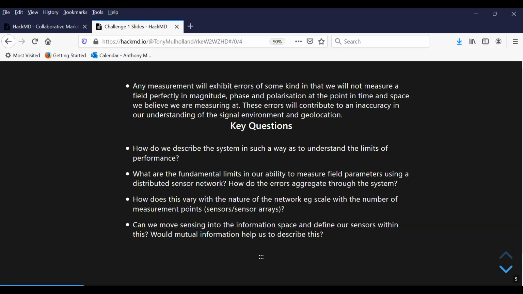So the question was, how can we start to describe a system in an abstract way that would yield some fundamental limits being achieved? How would having a number of sensors feed into that? How could we aggregate that up with a number of sensors?